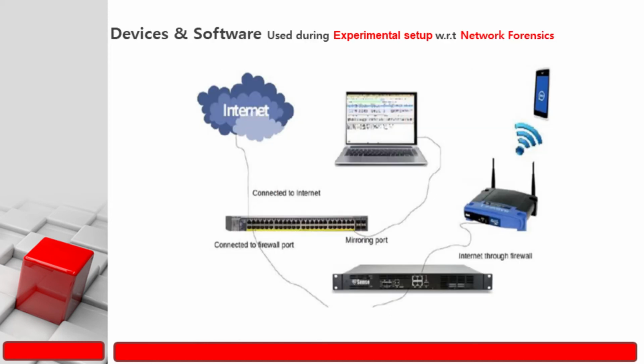Devices and software used during the experimental setup with respect to network forensics. The researcher established a network infrastructure in order to intercept the network traffic. The target mobile device was connected to the internet through a wireless access point as shown in the picture, and all the internet traffic of the wireless access point was routed through a firewall.